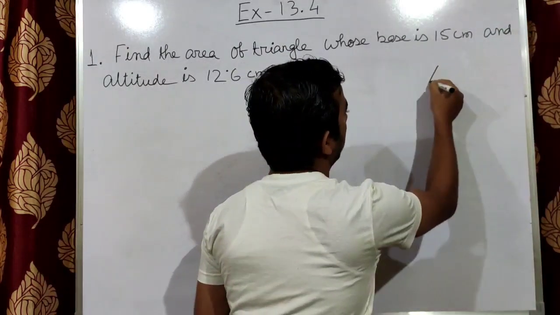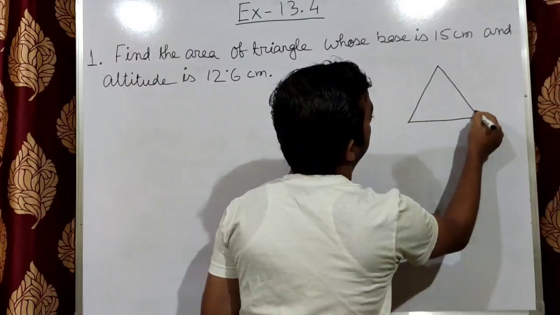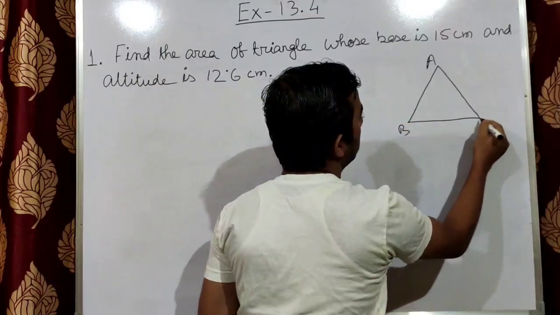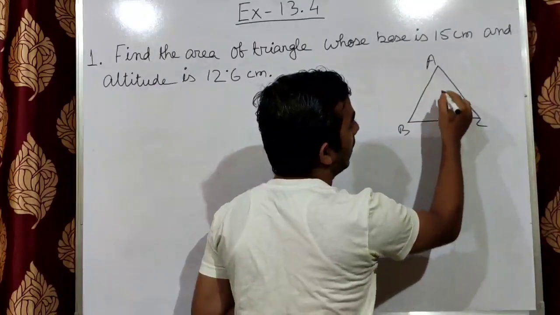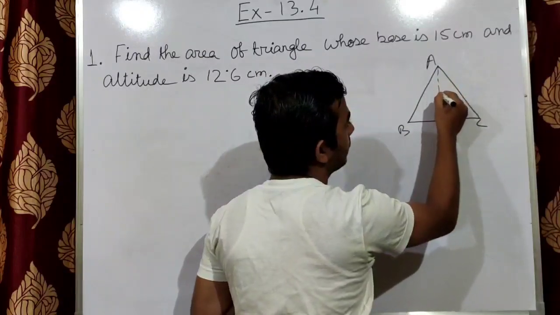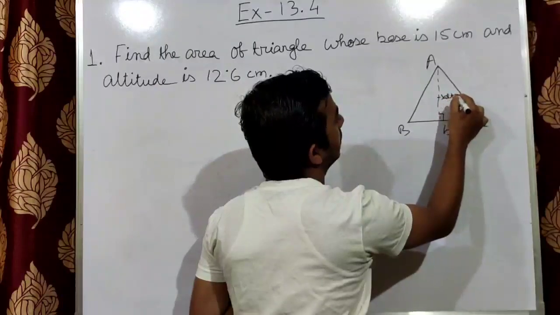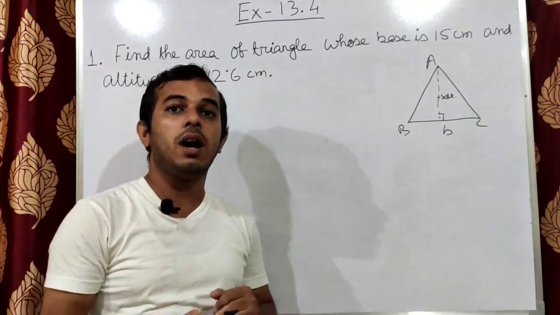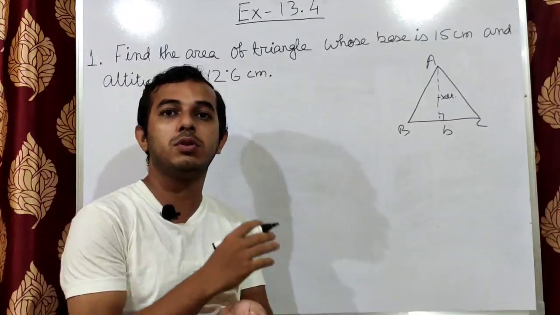First of all, let us consider this is our triangle, and you name it as ABC. The line segment BC is the base, and this is the altitude, and another was the median. A median is when we draw a line segment from a vertex to the middle of its opposite side.